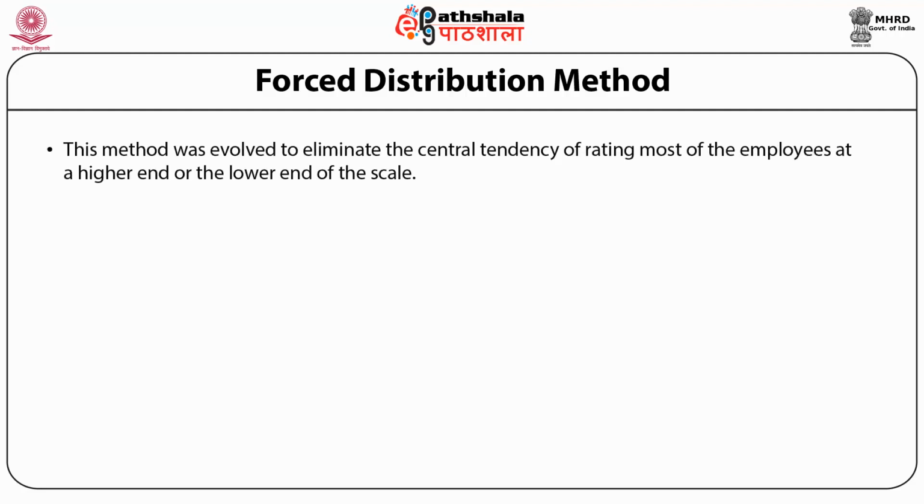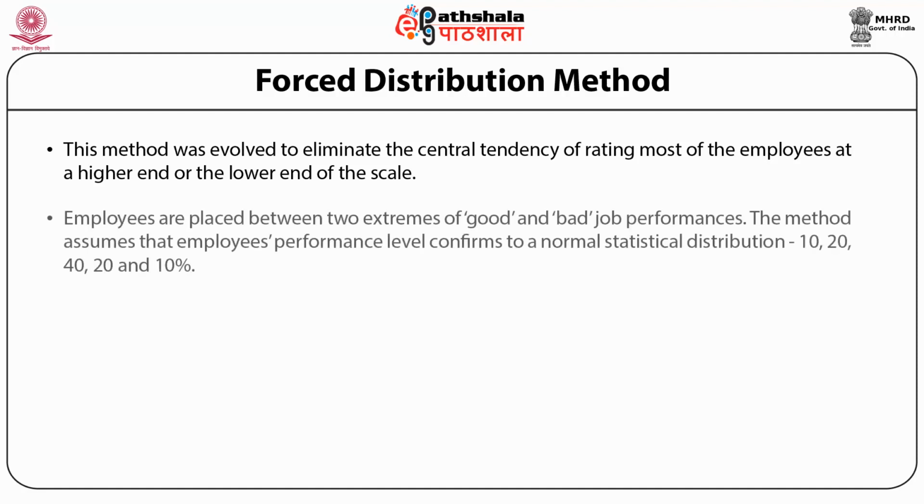This method was evolved to eliminate the central tendency of rating most of the employees at a higher end or the lower end of the scale. Employees are placed between two extremes of good and bad job performances.